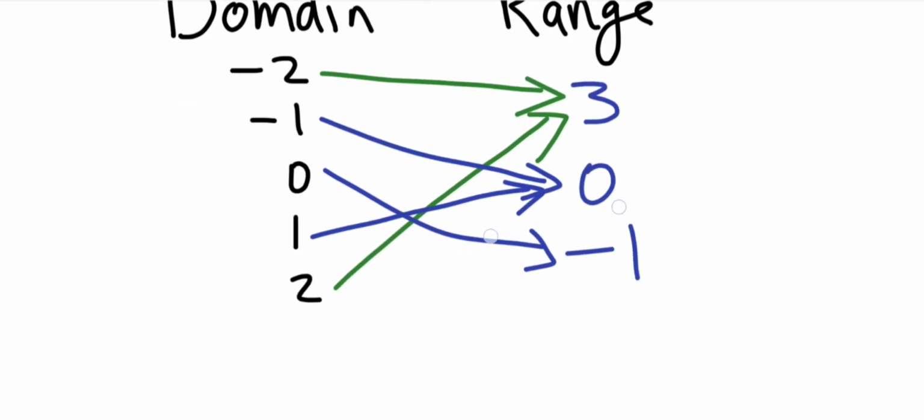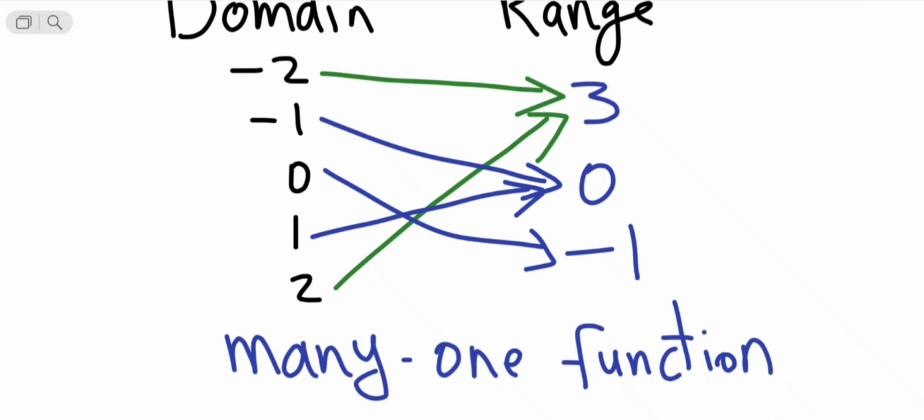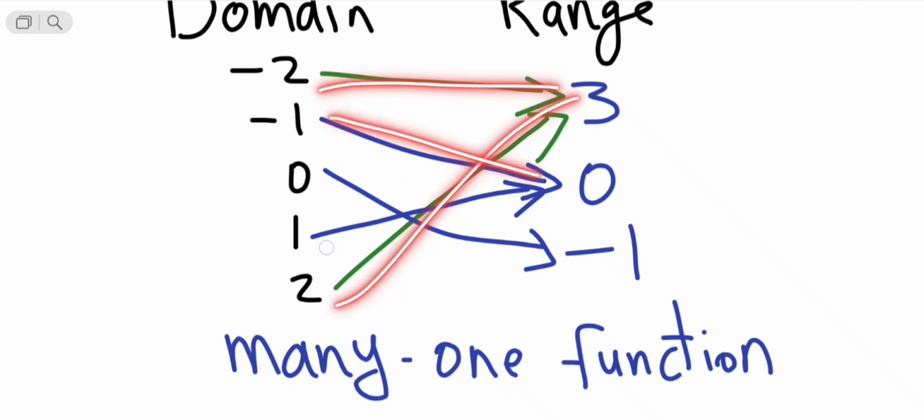So this type of function is called a many-to-one function. Why many-to-one? Because many domain values have one range value.